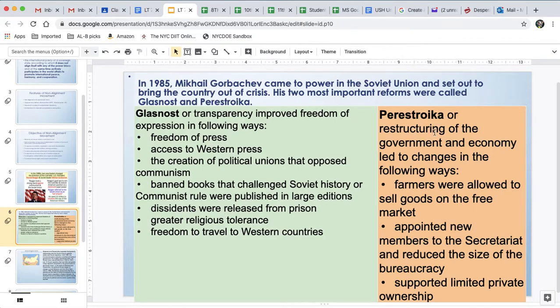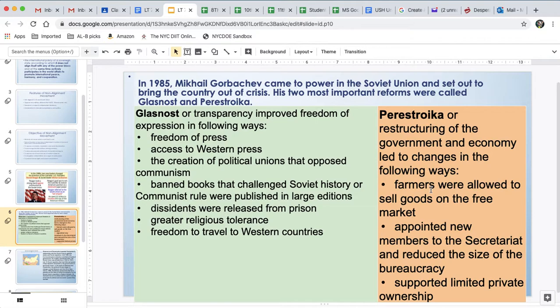Perestroika is the restructuring of the government and economy that led to the following changes. Farmers were allowed to sell goods on the free market. We start to see people allowed to create businesses and create this free market that is not tied to the Soviet government, to communism.